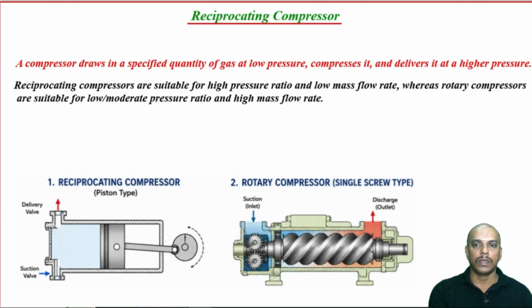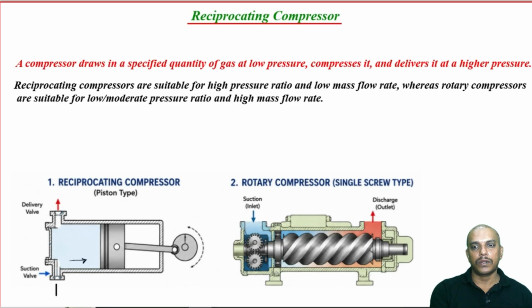Okay. Now, a reciprocating compressor is a compressor where, as we have said, there will be a suction stroke, during which the piston moves from left to right. Now, let us say this is the piston which is moving from left to right, which is causing the suction stroke.